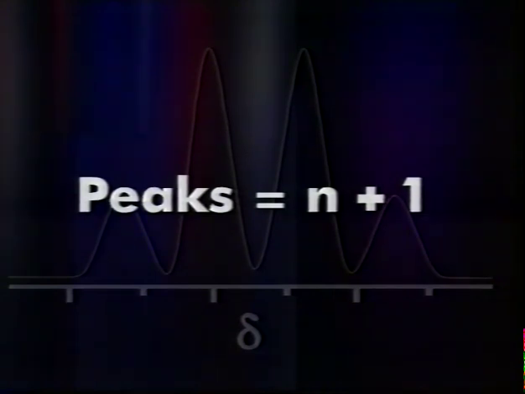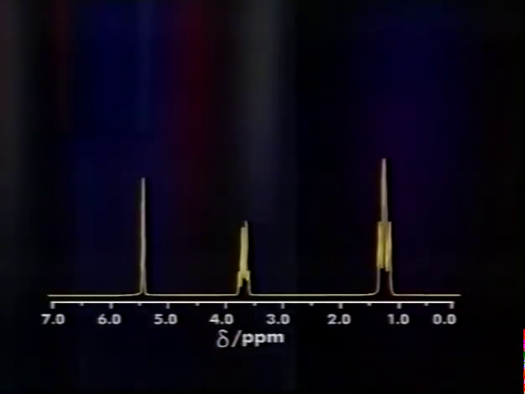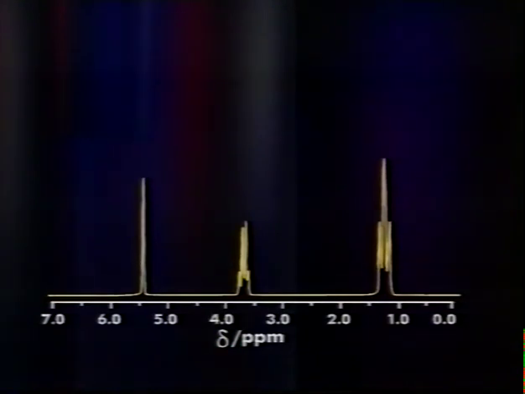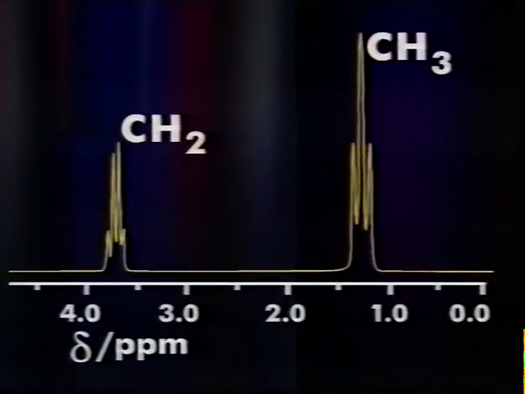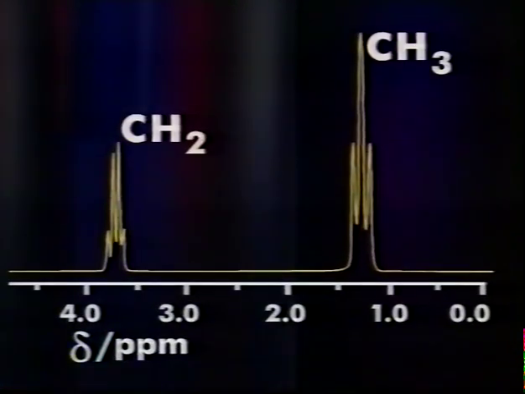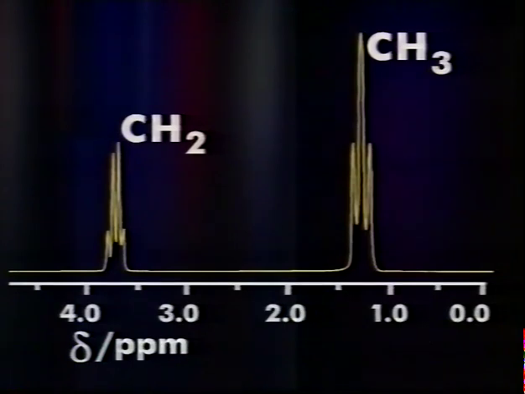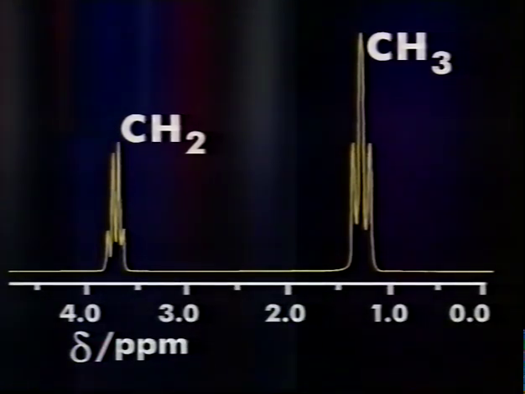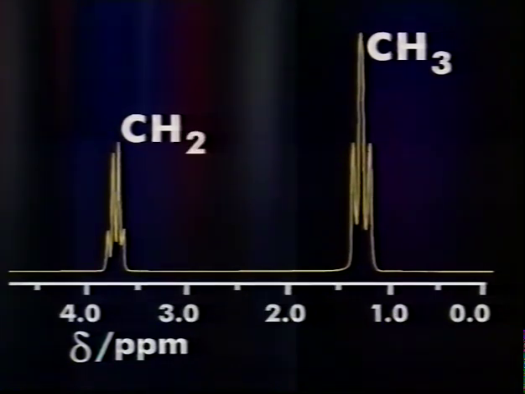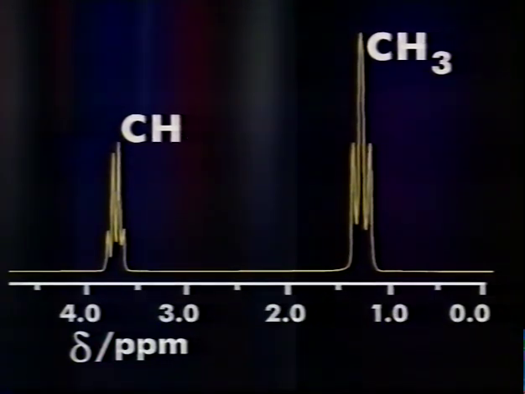So, if we go back to our high-resolution spectrum of ethanol, we can now understand why we have multiple signals. The CH3 group is registering as a triplet in the ratio of 1-2-1 because it's being influenced by spin-spin coupling from the two protons in the CH2 group. Remember the n plus 1 rule.